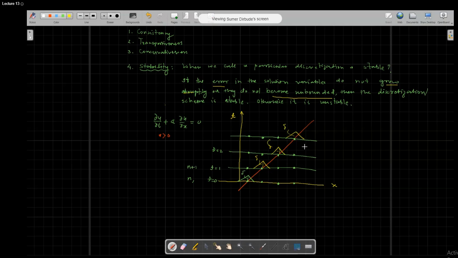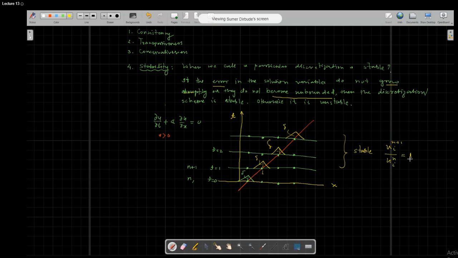Now, in such a case, this is a stable case. In this stable case, u at i, n plus 1 divided by u i n, that ratio is not changing too much. This ratio is the amplitude of the variables.